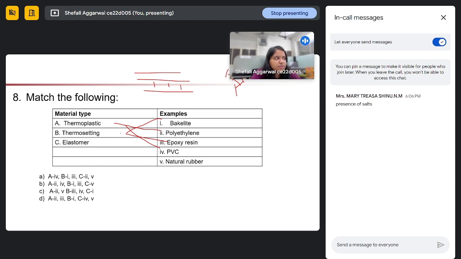That is the thermosetting materials. Last is the elastomers. Elastomers are normal carbon chains in some pattern which are cross-linked properly, and they are elastic in nature because of this cross-linking. One elastomer or elastic material example is natural rubber. Okay, so the answer will be B.